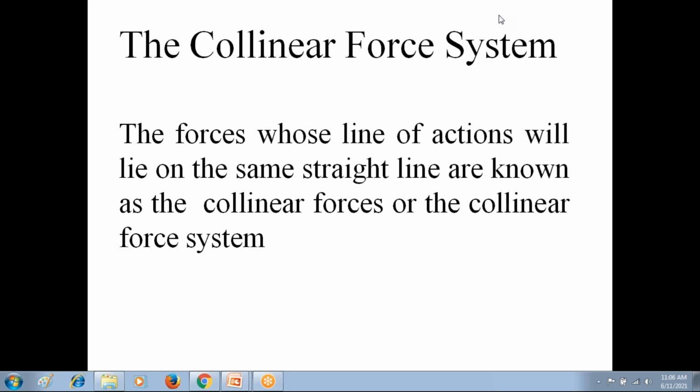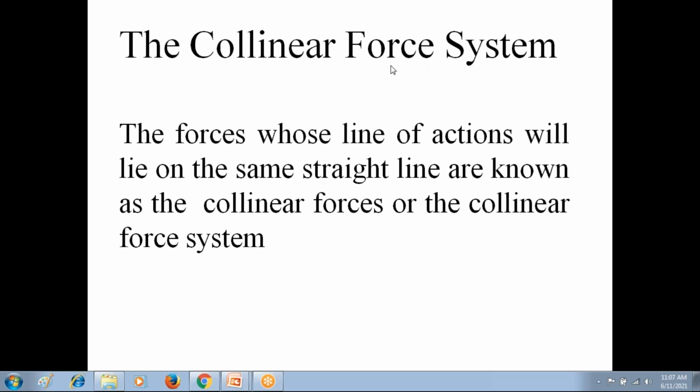The first one is collinear force system. When we call the force system a collinear force system, first understand what is meant by collinear. Collinear means same line, the same straight line. Force system means several forces.